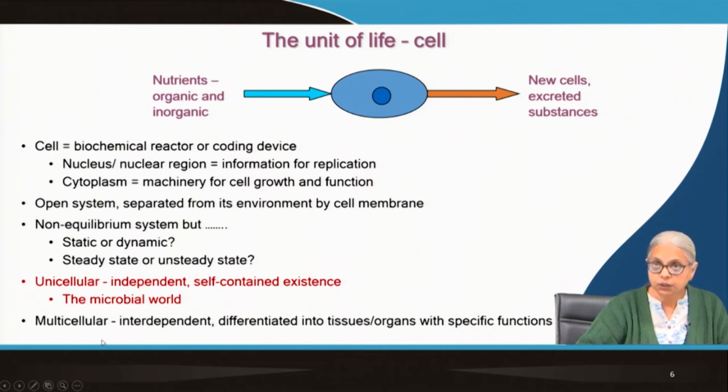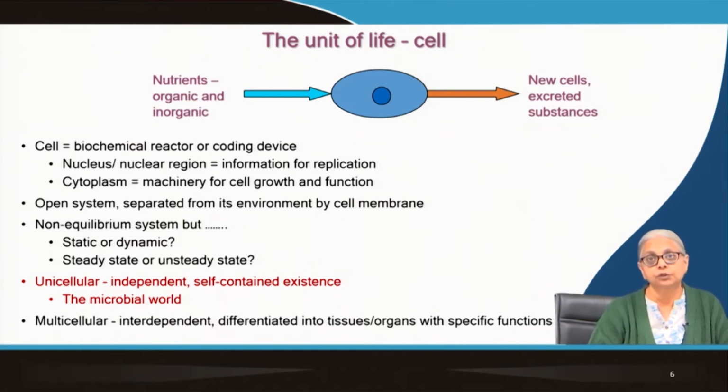There are multicellular higher organisms which have cells that are interdependent. They are differentiated into tissues and organs which have specific functions. If you remove a cell from your skin or from any other part of your body and give it all the nutrients that it needs, it's still not going to reproduce because it is dependent on other cells for all its functions.